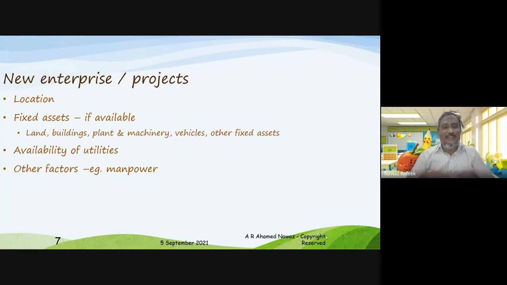So the main objective of that shifting was not a success. Still the manpower is not available in that area. Manpower has to be supplied from outside. With the transport and the facilities, you can see this in the apparel industries. So this has to be taken into consideration.